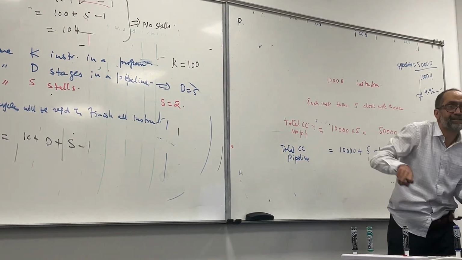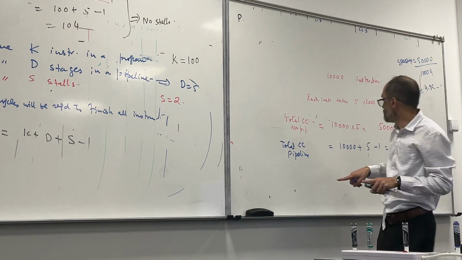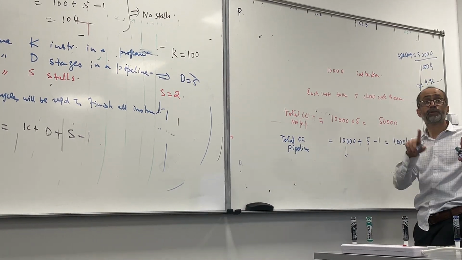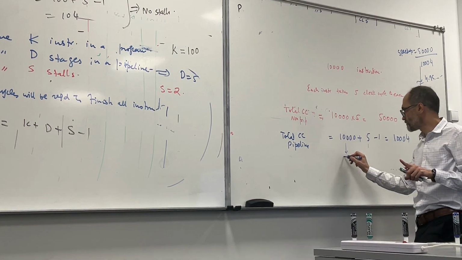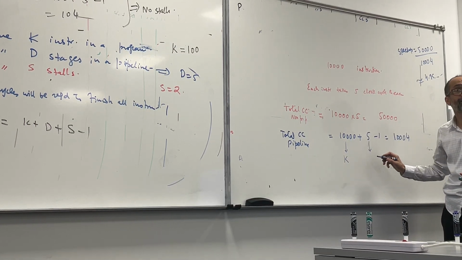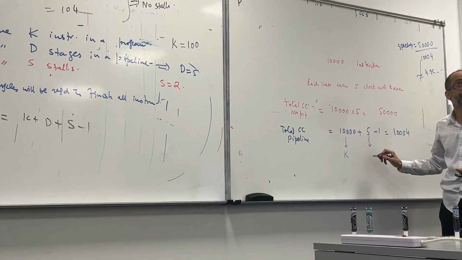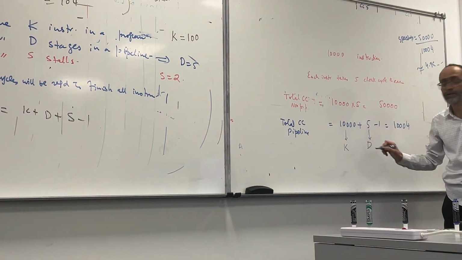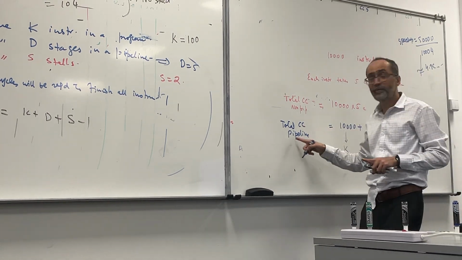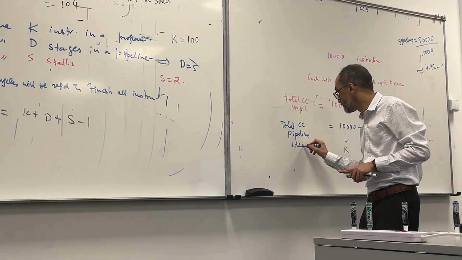But if there are stalls, what is the total number of instructions? What is this? What is 5? No, not stages. It is the depth D minus 1. This is the total clock cycles in pipelining, which is called ideal pipelining.